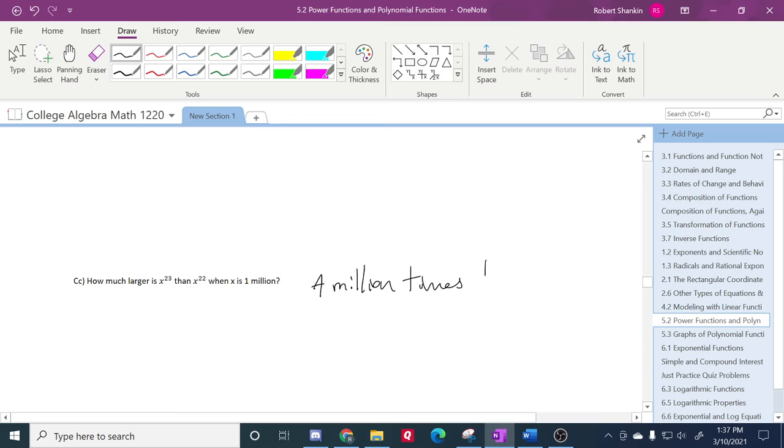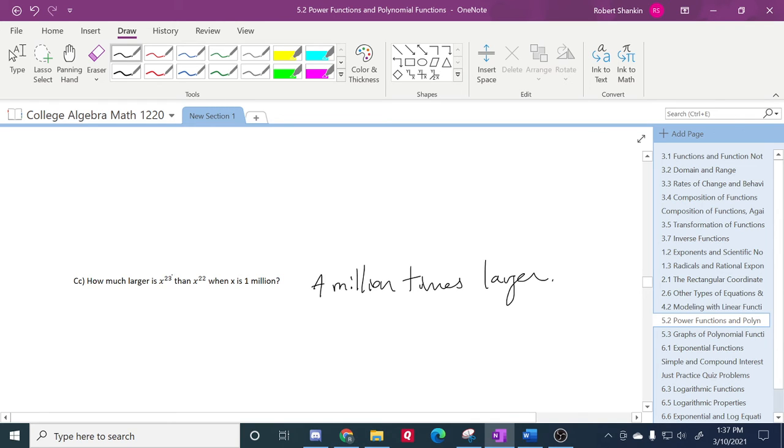Now, when x is 1,000,000, x to the 22 has an incredible number of zeros in it. It's 1 with more than 100 zeros.